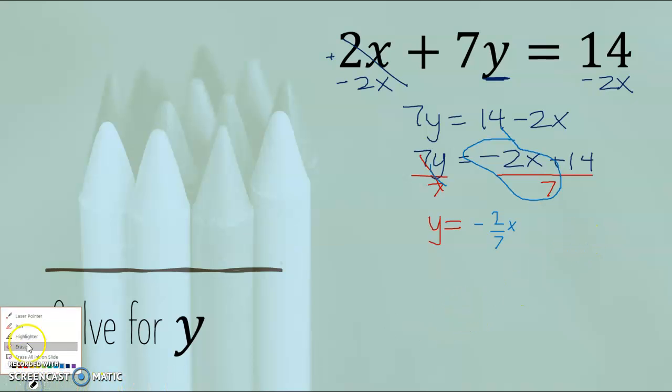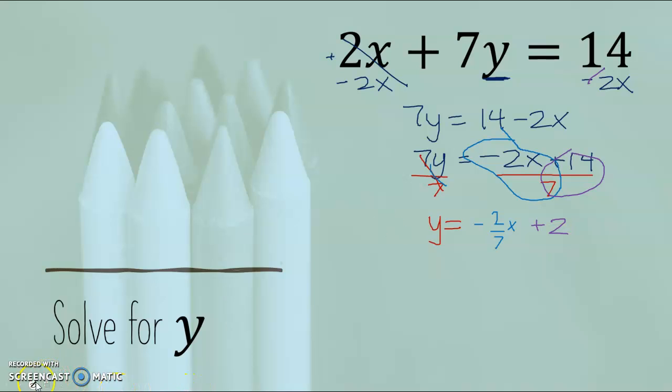And so when we take a look at that piece, the 14 divided by 7, that gives us plus 2. So in slope-intercept form, we have y equals negative 2/7 x plus 2.